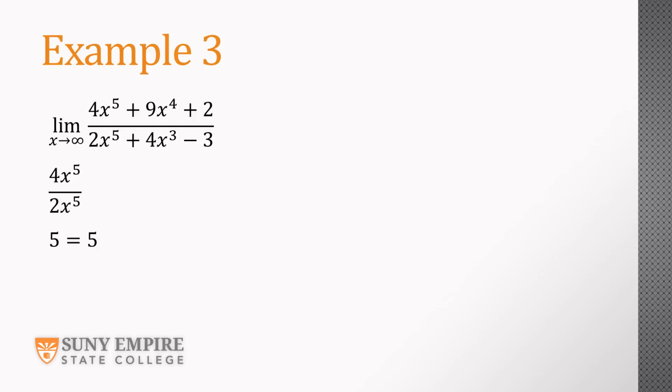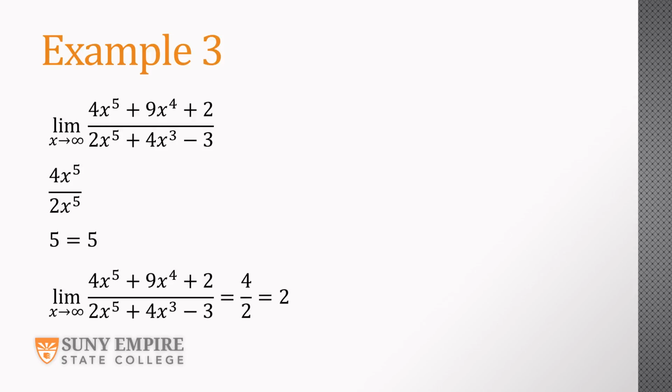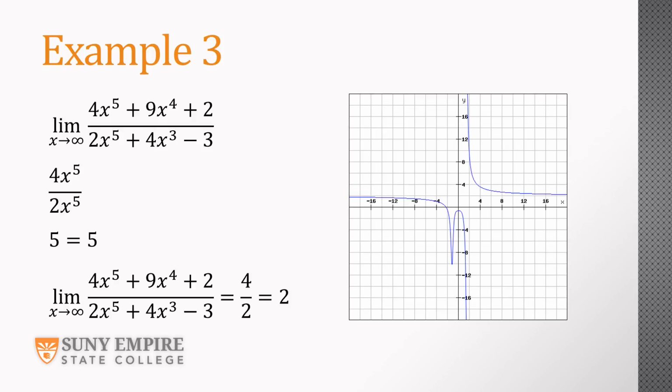The powers match up and are equal. So the limit as x approaches infinity will equal the ratio of the coefficients, 4 divided by 2, or 2. When we look at the graph, as x moves farther out, the graph approaches the line y equals 2.